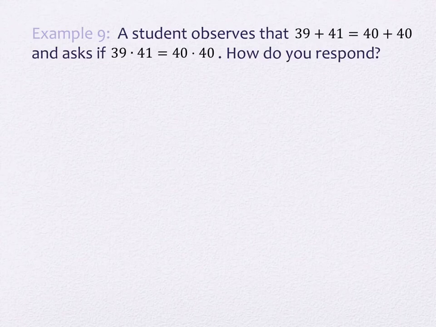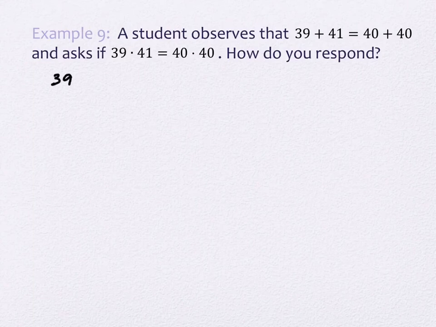We talked about this a little bit during your questions at the beginning, from 3.4. And I mentioned that the first thing you should do is to try and figure out if it's true or not. Does it work? So how could I find out if 39 times 41 is equal to 40 times 40? Multiply that, right? Absolutely. So grab a calculator for us.